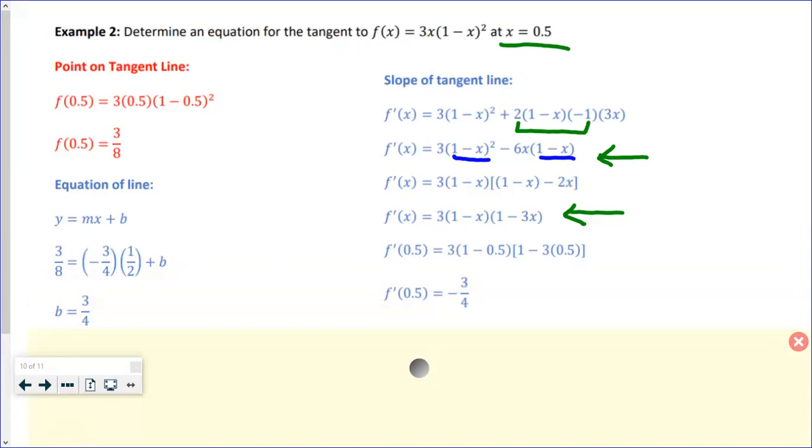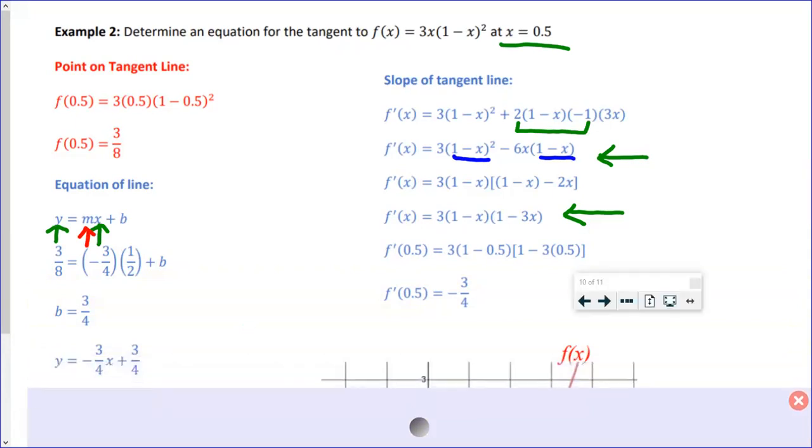Now, for the equation of that line, we plug in the y coordinate of my point, the x coordinate of my point, and the slope. Plug in the -3/4, we plug in x equal to 0.5, y equal to 3/8. We get b equal to 3/4, so that gives me an equation of the line.